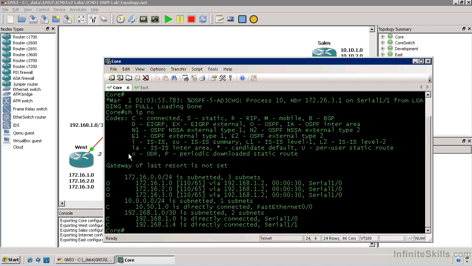So let's rectify that. Now you'll recall on the west router, we entered 3 different network commands, one for each of those networks. And again, that works well if we only have 3 or 4 networks. What if we had 100 interfaces on this router and 100 different IP networks? Would you really want to sit and write down 100 network lines in OSPF? Not really.